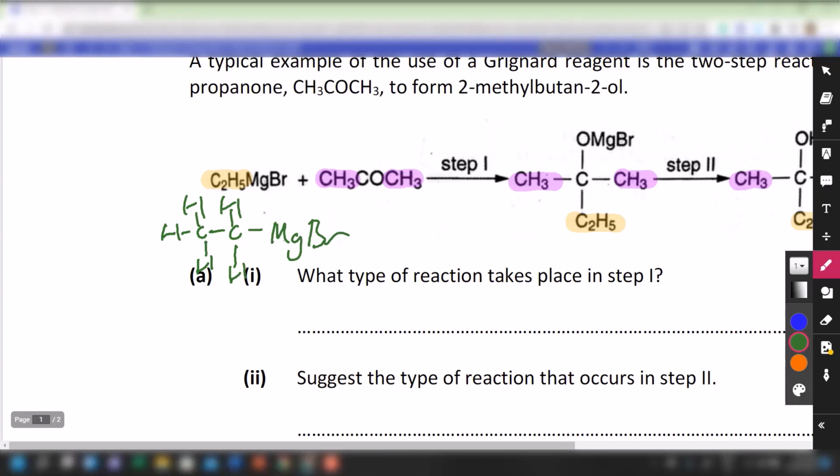The carbon is sigma bonded to magnesium, which is an element less electronegative than itself, so I expect the bond to be quite polar. Usually carbon will take on a partial positive charge, but in this case, because it is bonded to an element less electronegative than itself, it will take on a partial negative charge. And that explains why it behaves as a nucleophile in nucleophilic addition.